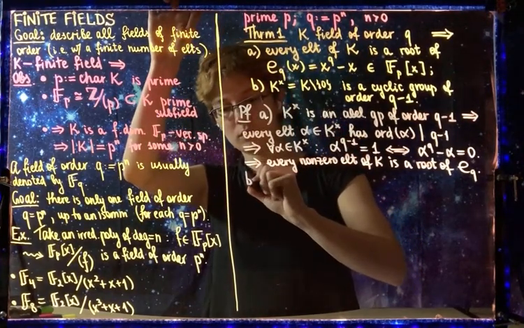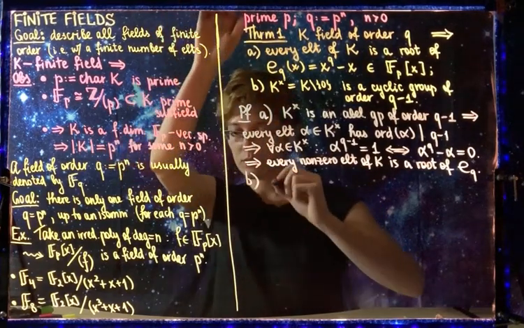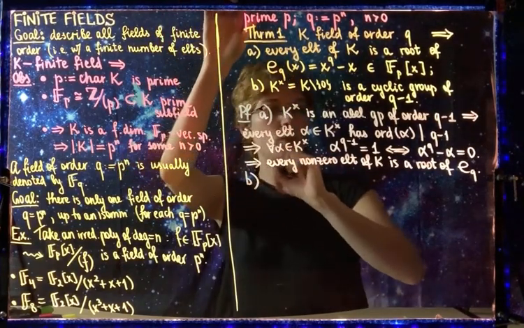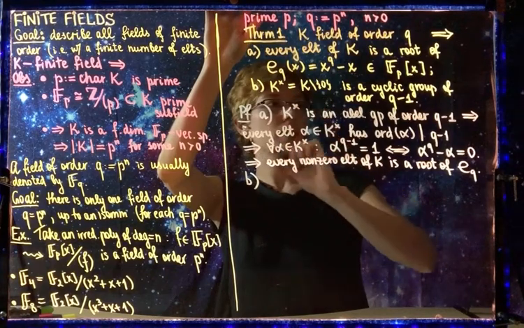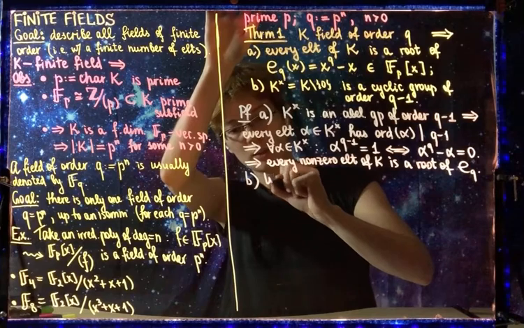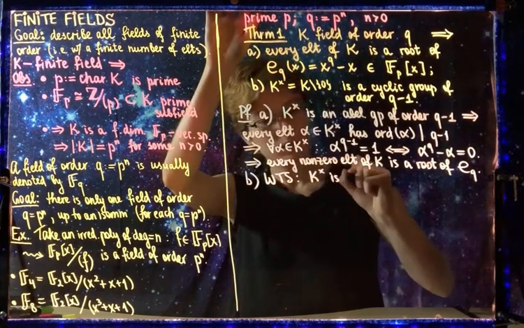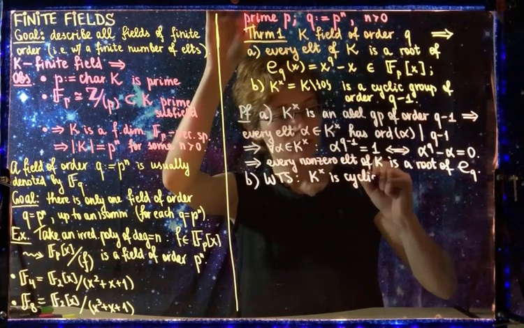Now to part B. So we know that K star is a group of order q minus 1, so we want to show that K star is cyclic.